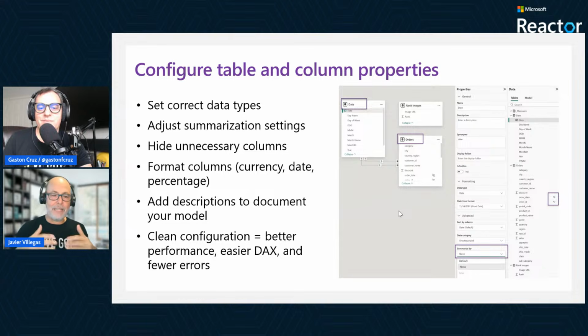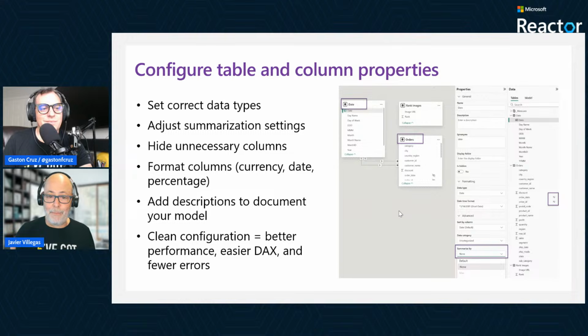We have more insight on how to do this relationship, but something super important when you are modeling the data that you gather from multiple sources, as Gaston just said, is that there are a couple of things we need to bear in mind. First of all, it's super important to set the data types correctly.